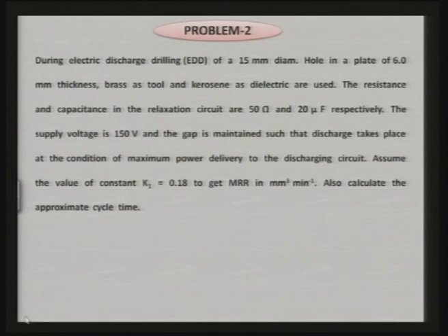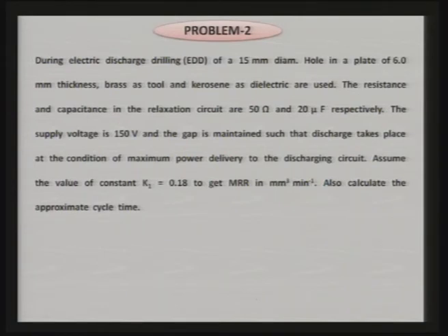Now, let us take the second problem. During electric discharge drilling of a 15 millimeter diameter hole in a plate of 6 millimeter thickness, brass as tool and kerosene as dielectric are used. The resistance and capacitance in the relaxation circuit are 50 ohm and 20 microfarad respectively.